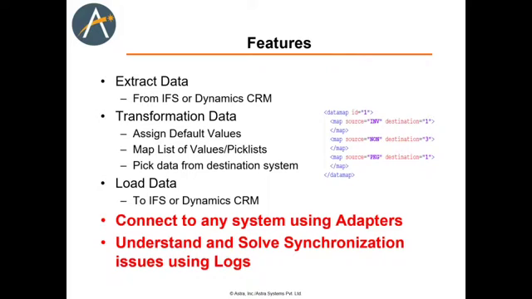For example, there is payment terms in CRM where we call it net 30 or something. The pick list value could be called differently in IFS. So you could change all of them.